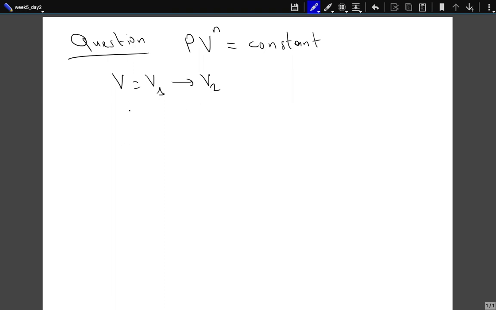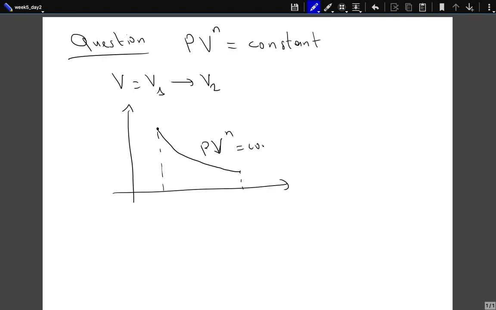So in the PV diagram, this is the PV to the n equals constant curve. This is V1, it is compressed to V2. This is P1, this is P2. So this is the process from A to B.